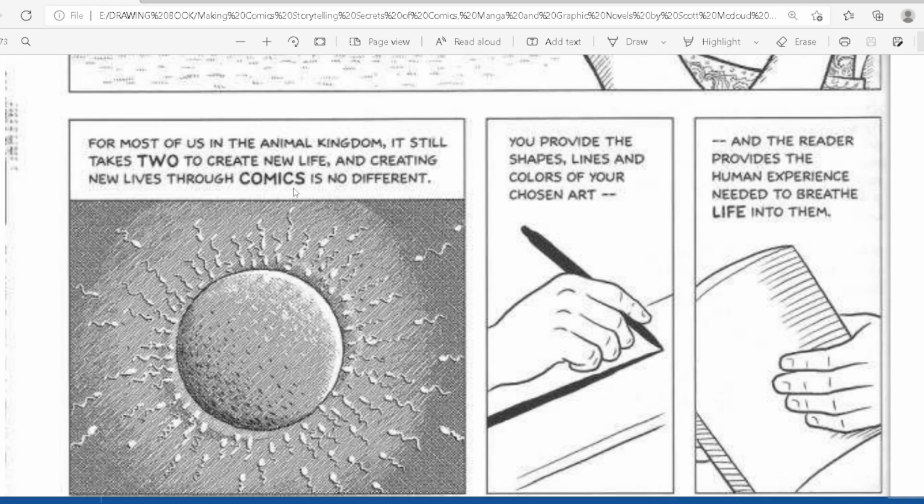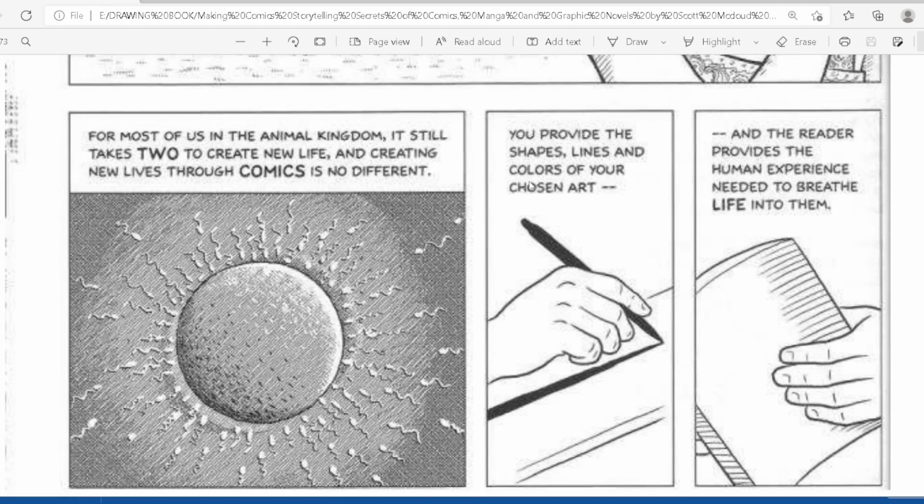So for most of us in the animal kingdom, it still takes two to create new life, and creating new lives through comics is no different, right?